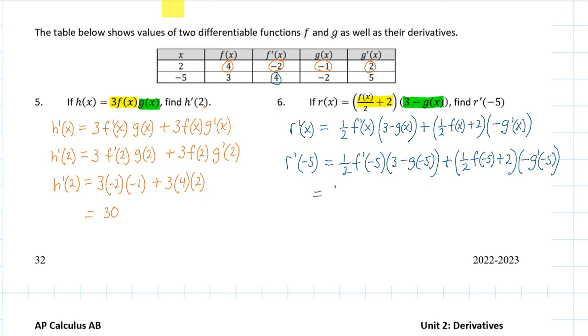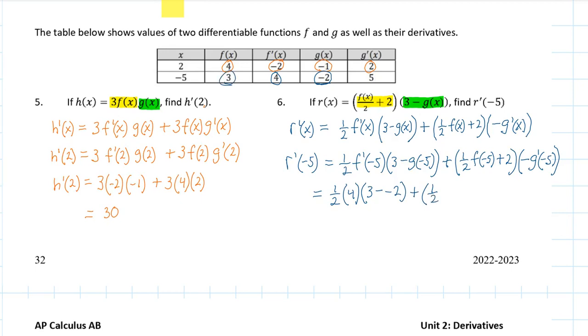All right, so now I have 1/2. F prime of negative 5 we said was 4, so I'll put 4 in there. That's being multiplied by 3 minus g of negative 5. G of negative 5 is negative 2. Plus 1/2 times f of negative 5.